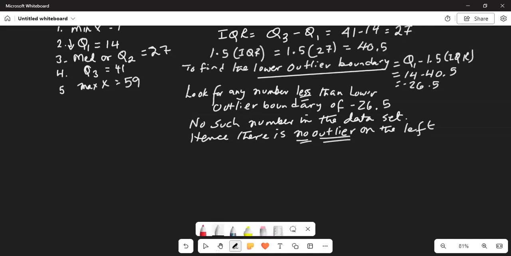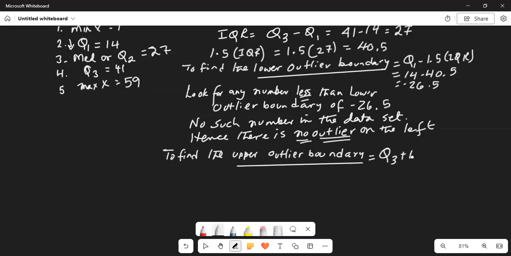The upper outlier boundary is Q3 plus 1.5 times IQR. What is my Q3? It is 41 plus 40.5, which is 1.5 times IQR. So this is 81.5.